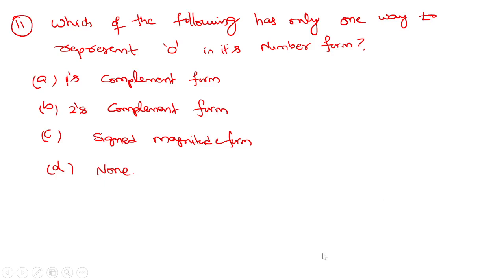Which of the following has only one way to represent 0? Can you answer this now? Which of the following has only one way to represent 0 in its number form?